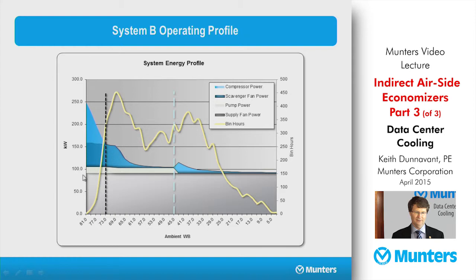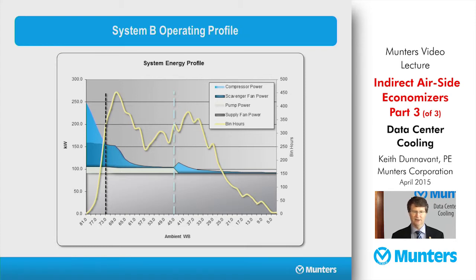Now we're going to walk you through what the power consumption looks like for each of the components that are consuming power in the indirect air side economizer. Starting from the bottom up, we have the supply fan power. You'll see that's a flat line. We're assuming that the data center load is constant, so the supply fan power is constant.